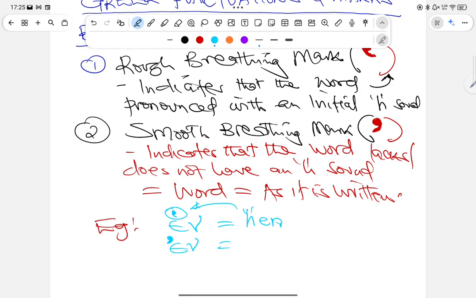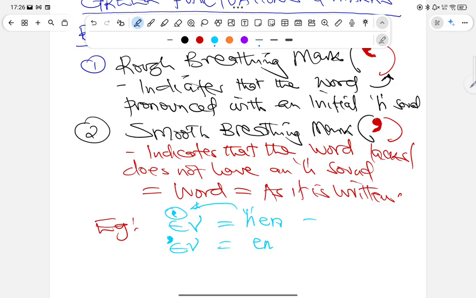The smooth breathing mark, we said, indicates that the word in question does not have this initial silent H sound, and therefore the word sounds as it is. So in this case, it is "en."